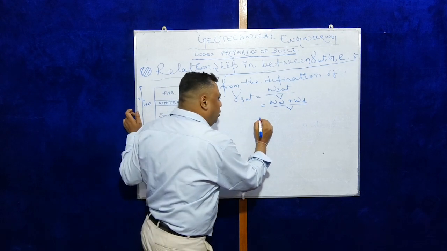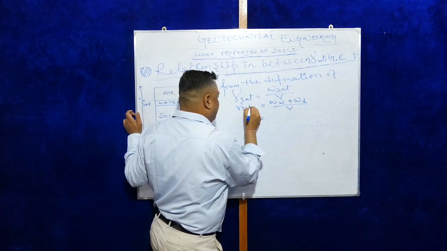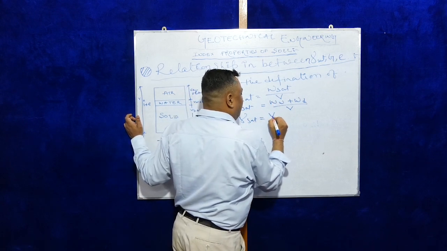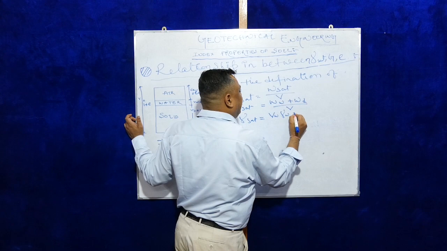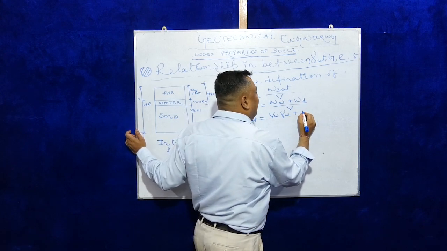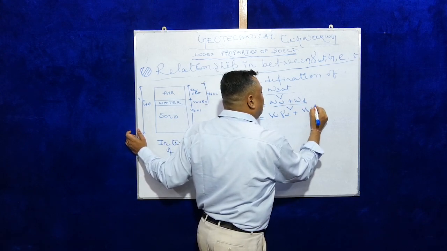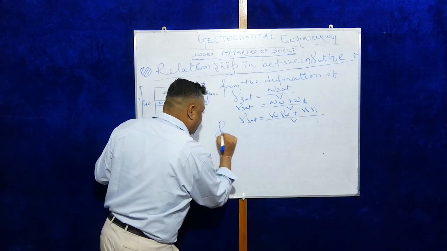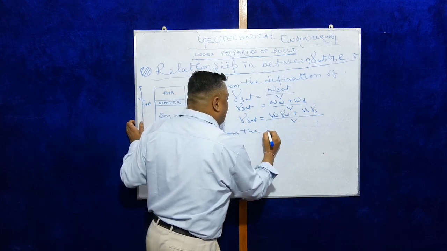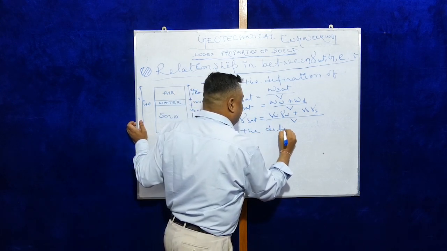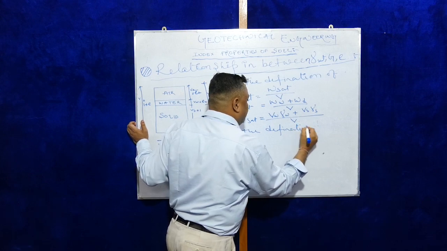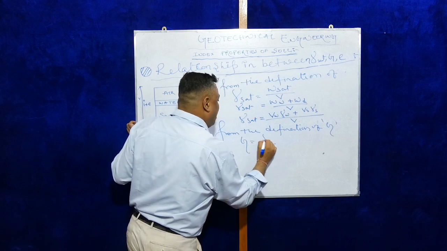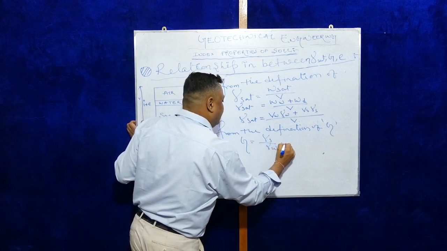Now as you know, weight of water is equal to volume of water into unit weight of water, plus weight of soil solids is equal to volume of soil solids into unit weight of soil solids, by V. Again, from the definition of specific gravity, specific gravity of soil is the ratio of unit weight of soil solids to the unit weight of water.